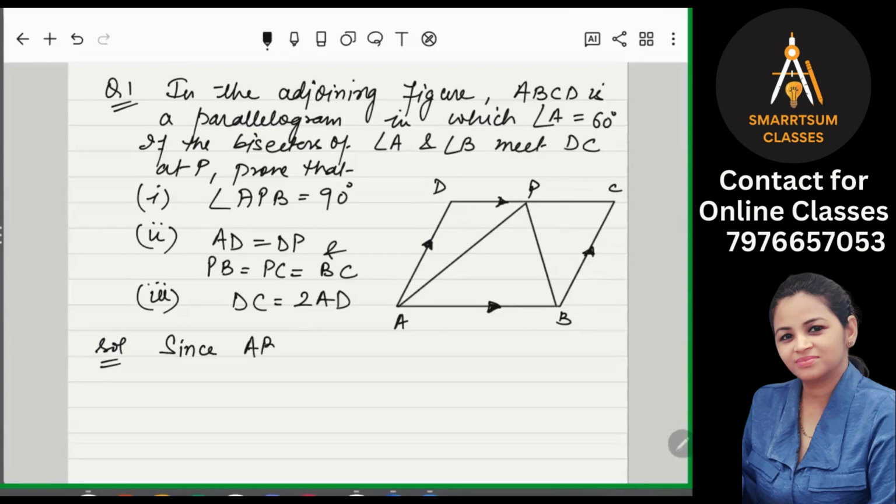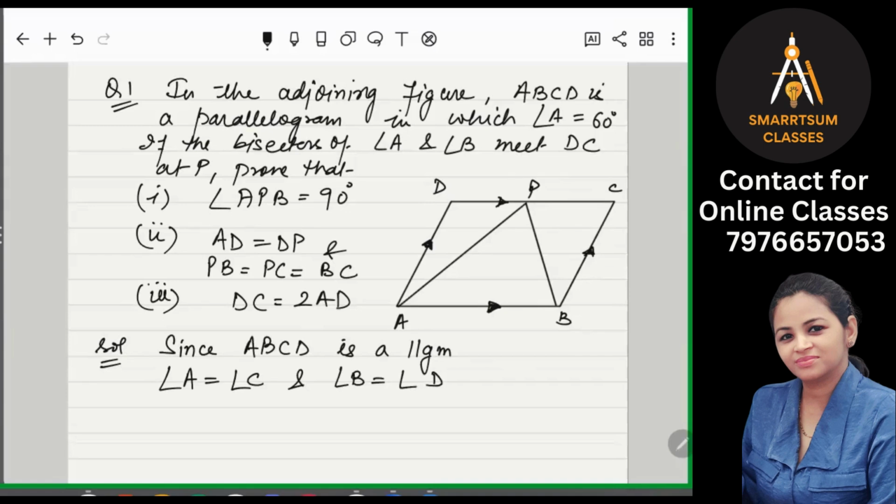So here it is given that ABCD is a parallelogram. That means what? Angle A is equal to angle C. Opposite angles are equal for a parallelogram, and angle B is equal to angle D. Right?